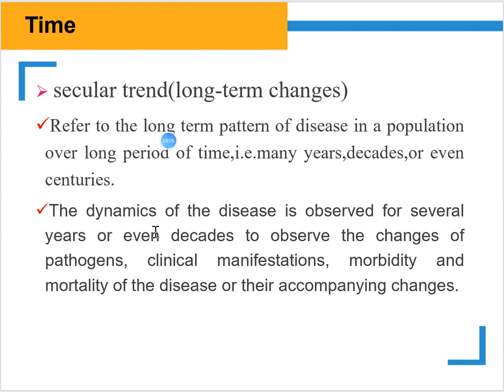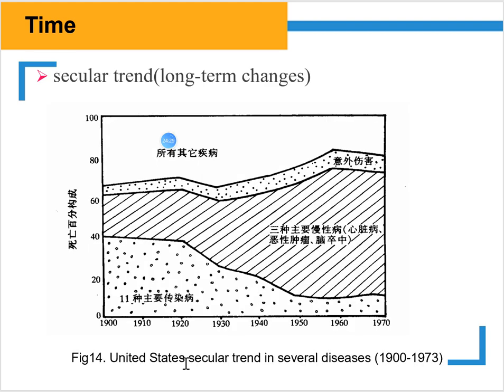The dynamics of the disease is observed for several years or even decades to observe the changes of pathogens, clinical manifestations, morbidity, and mortality of the disease, and all their accompanying changes.